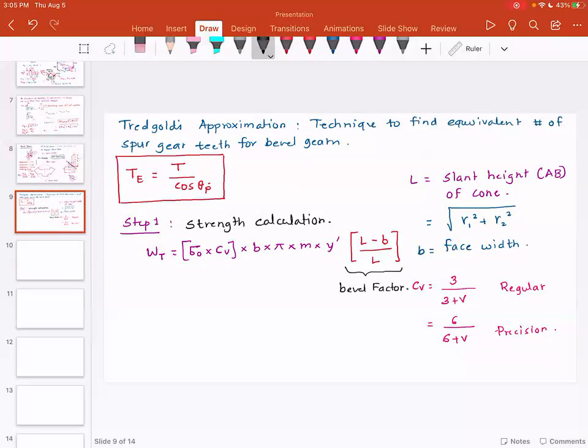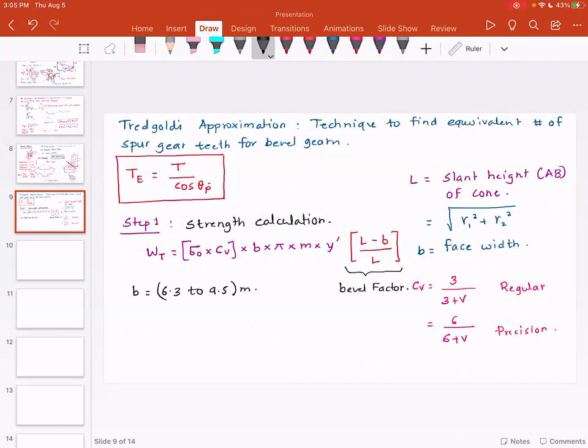The next part, just some guidelines. For the bevel gear, typically the value of B is considered to be 6.3 to 9.5 times module.